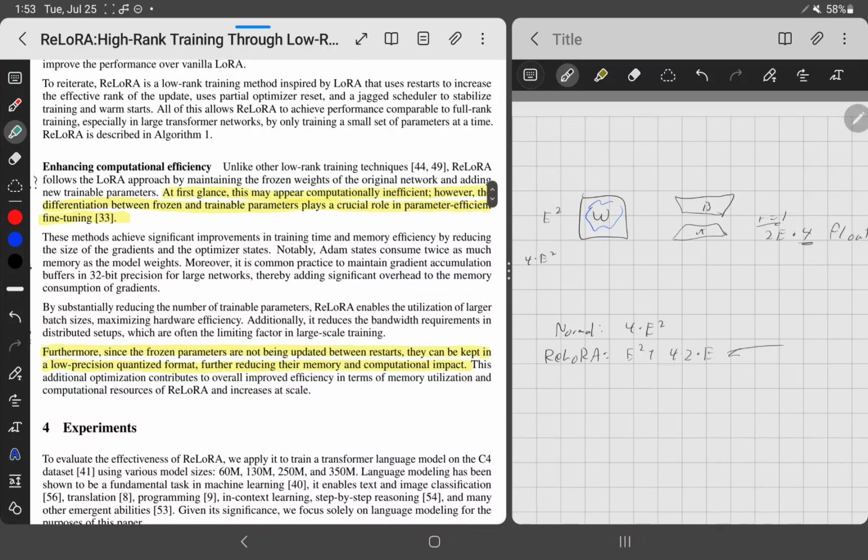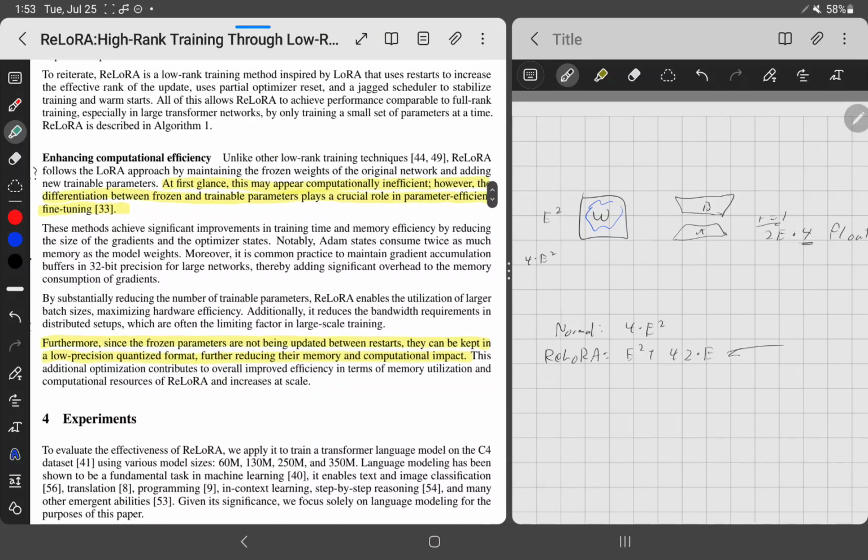Now, that's not the only thing. You also have to store your moments for W. You have to store the first and second moment for your Adam optimizer, which would be one value for each of the weights.